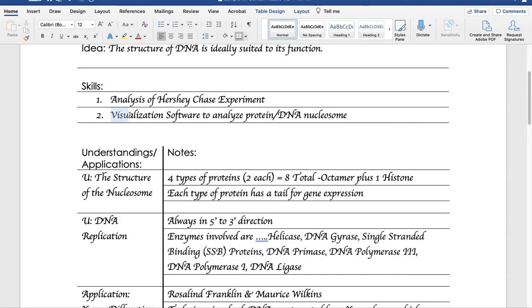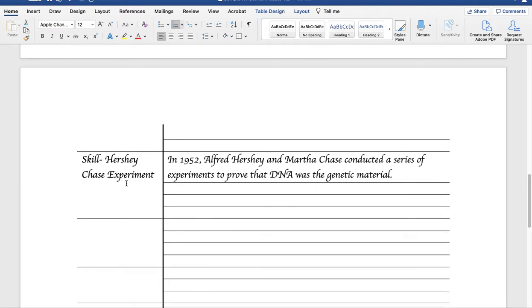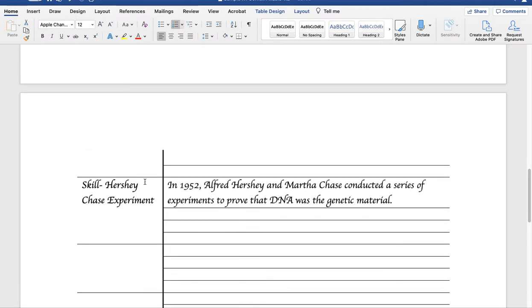Skill number two is just being able to understand what a nucleosome looks like under the visualization software, and so there's really not much you need to take notes on there. But skill one is the analysis of the Hershey-Chase experiment. So you really need to understand how the Hershey-Chase experiment was conducted, and what the results of the experiment were. Here again, you can take as many notes as you would like under that skill.